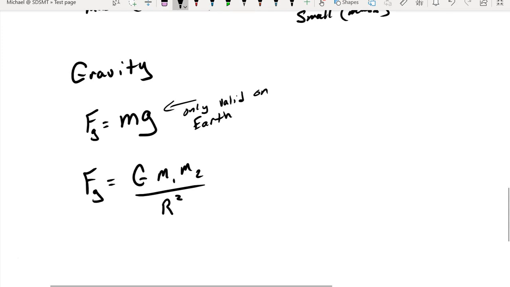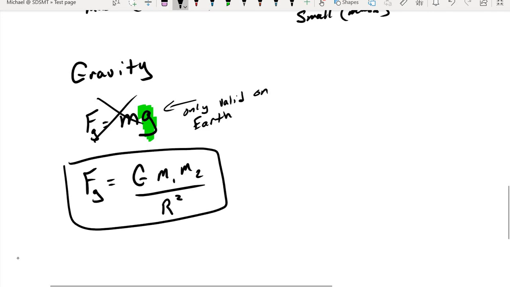And so if I wanted to know what the effects of gravity were on the Moon or Mars or Jupiter, I couldn't use this expression, because this expression is assuming that we're using the value of gravity on the surface of the Earth, whereas this expression can be used anywhere between any two masses. So mass 1 and mass 2 would be the two masses involved in the situation.